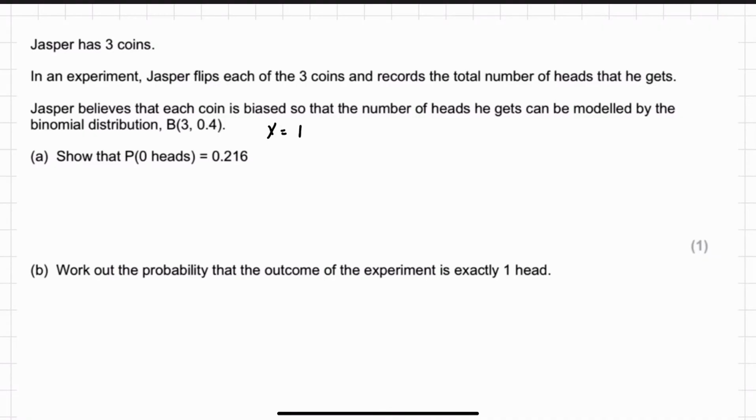Well, how I like to start my binomial distribution questions is I define a variable X. So I'm going to say X equals number of heads. And let's not forget our formula for binomial distribution. The probability that X equals a particular outcome, little x, is n choose x times the probability of success p to the power of x times the probability of failure q to the power of n take away x.